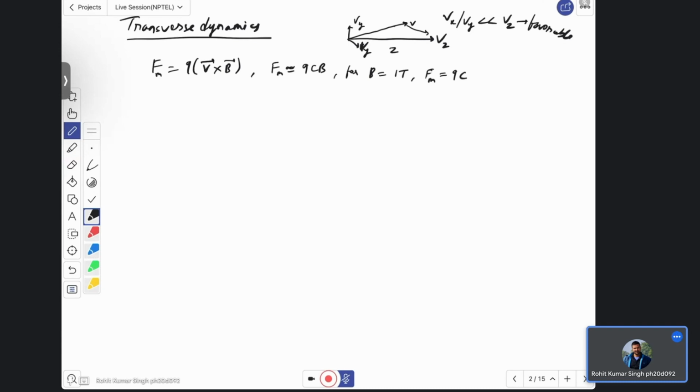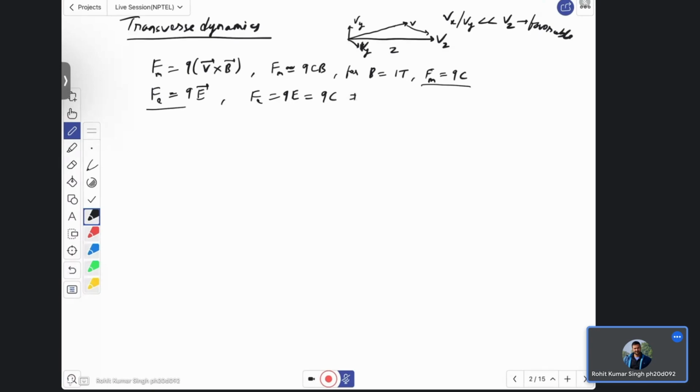Now if we use an electric field for the same charge, the force due to the electric field is QE. Suppose we want to achieve the same force using an electric field, we equate QE equal to QC.